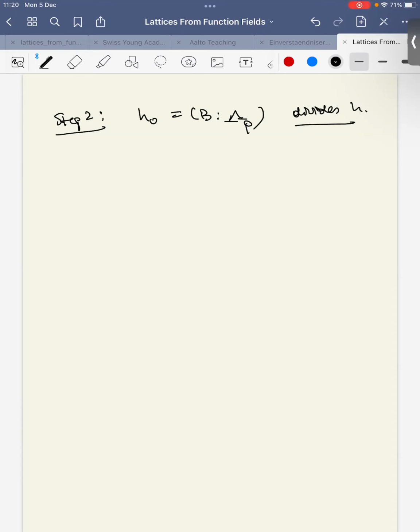For this purpose, we will consider a nice group homomorphism, which is defined from the lattice B to the class 0 group.